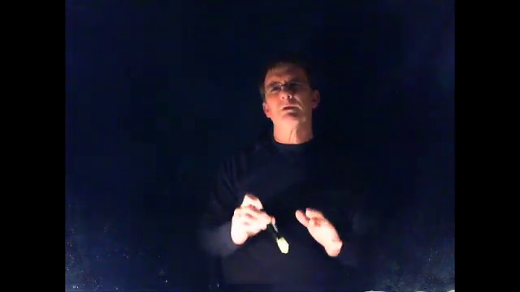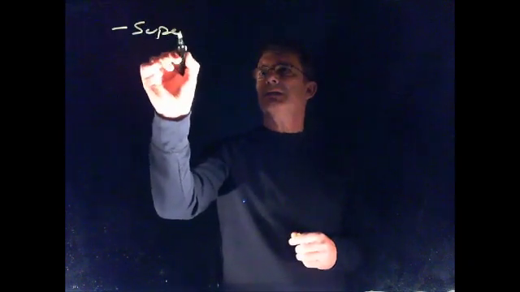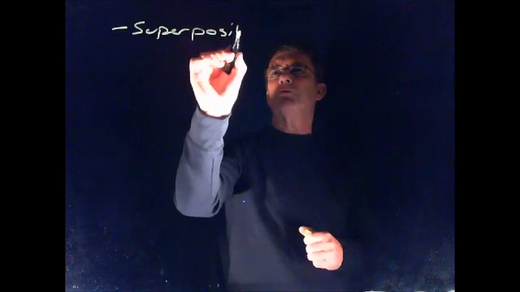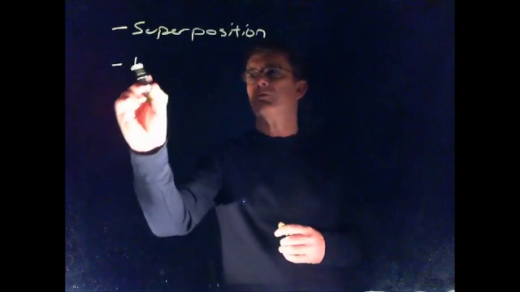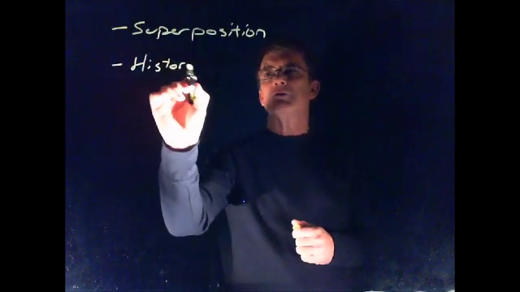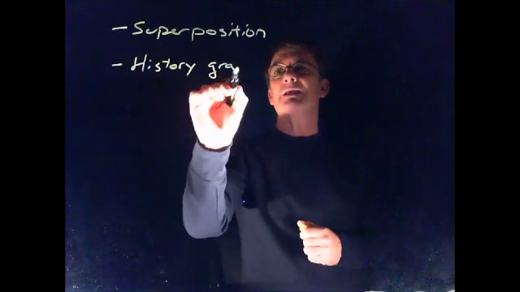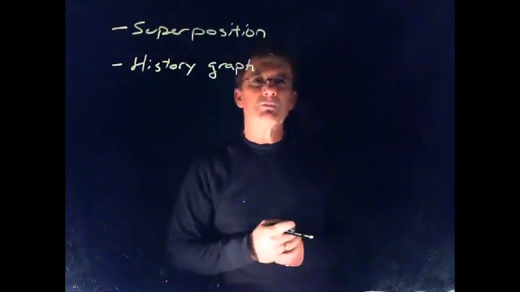So that kind of wraps up all my stuff with the waves. Let me just give a few highlights, since this was kind of spread out, over what I want the kids to focus in on when we're looking at waves. They need to understand the idea of superposition. They need to be able to take a couple of pulses and draw the superposition pulse. They need to be able to look at a history graph, and they need to understand when they're looking at a history graph versus a superposition graph.